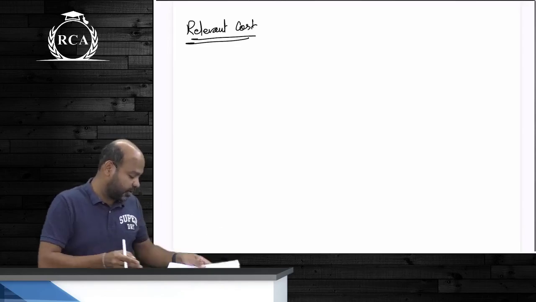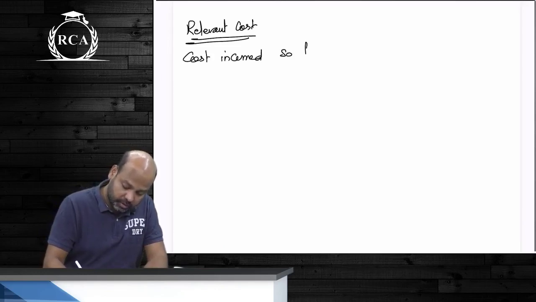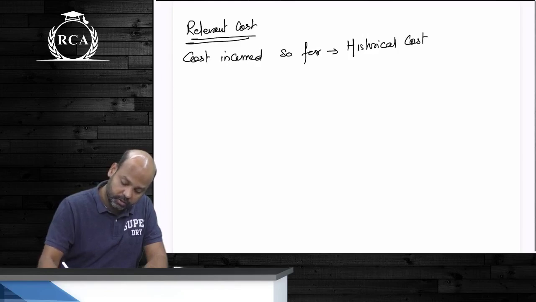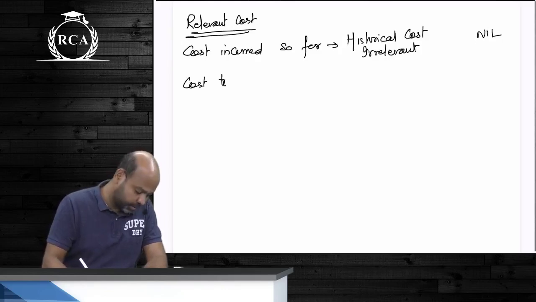So in relevant cost, beta, cost incurred so far, relevant or irrelevant? Historical cost, irrelevant. Cost to be incurred, relevant or irrelevant?